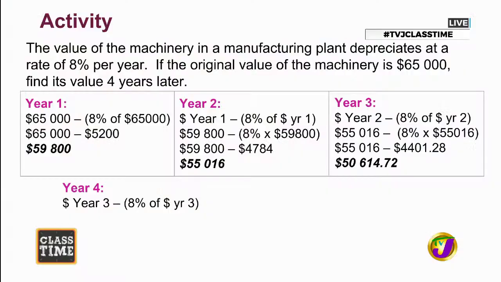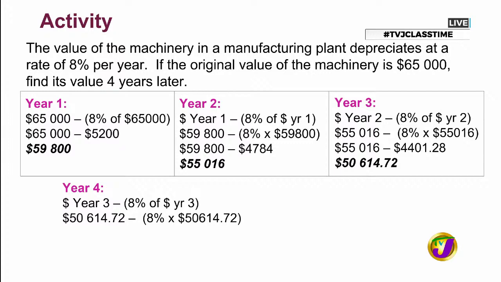All right, so continuing on the same trajectory, year 4, we're taking the present value of the machinery at the end of year 3, which is $50,614.72. Finding 8% of that and subtracting it. 8% would be $4,049.18.